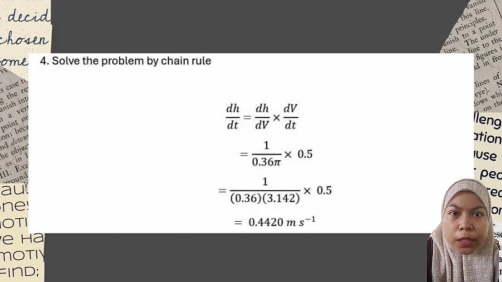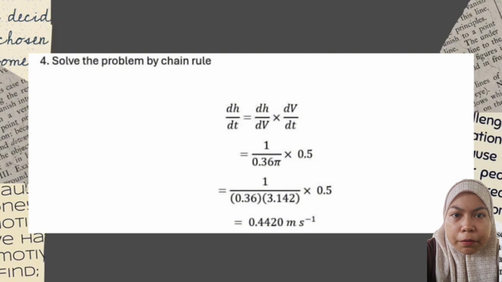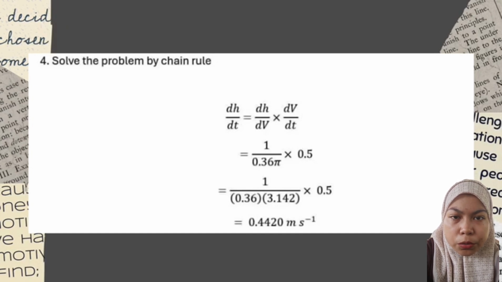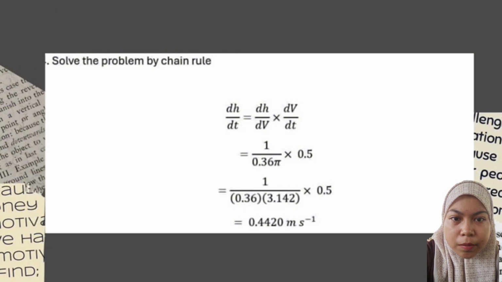So the value of dH over dV is 1 over 0.36 pi multiplied by dV over dt as 0.5. We substitute the value of pi, which is 3.142. Then we solve the calculation, and the answer is 0.4420 meters per second.